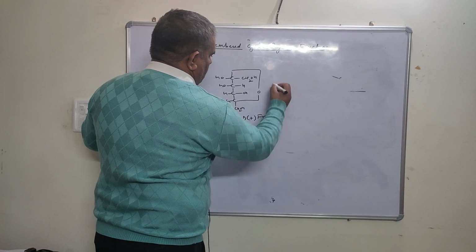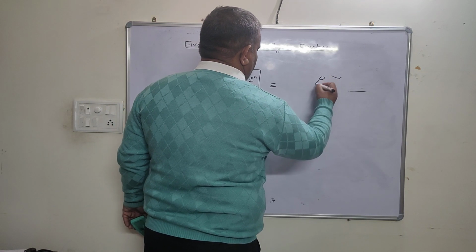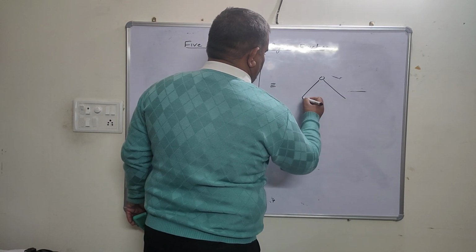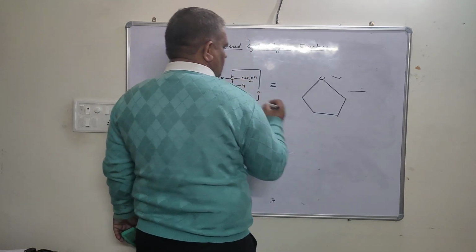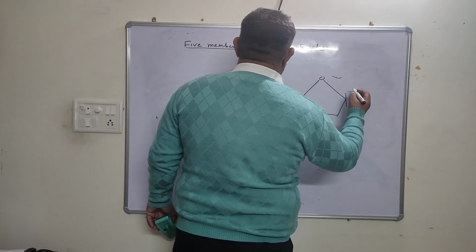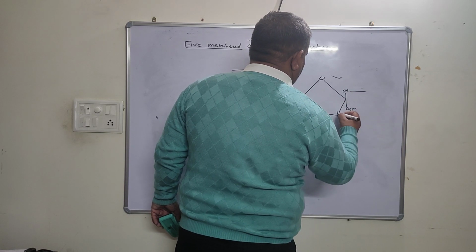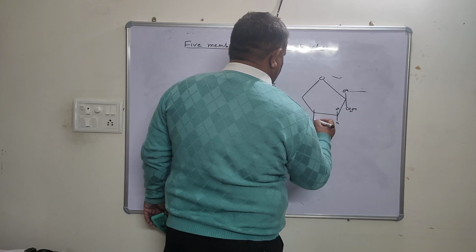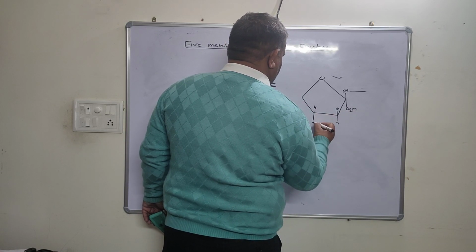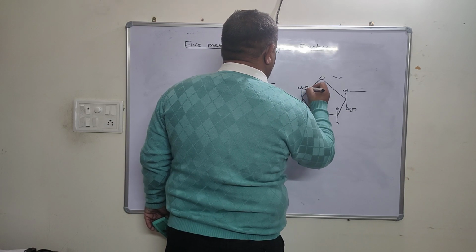And the Haworth projection formula, the 5 membered ring, this is furan, the carbon 2 OH ऊपर है, CH2OH, कार्बन 3 पे OH ऊपर है, H ऊपर है, OH नीचे है, H, CH2OH.